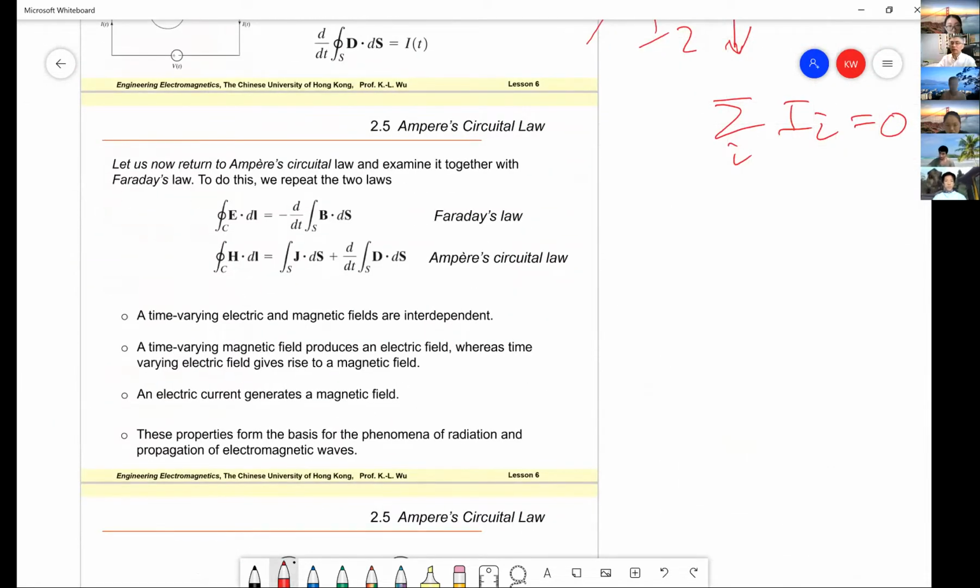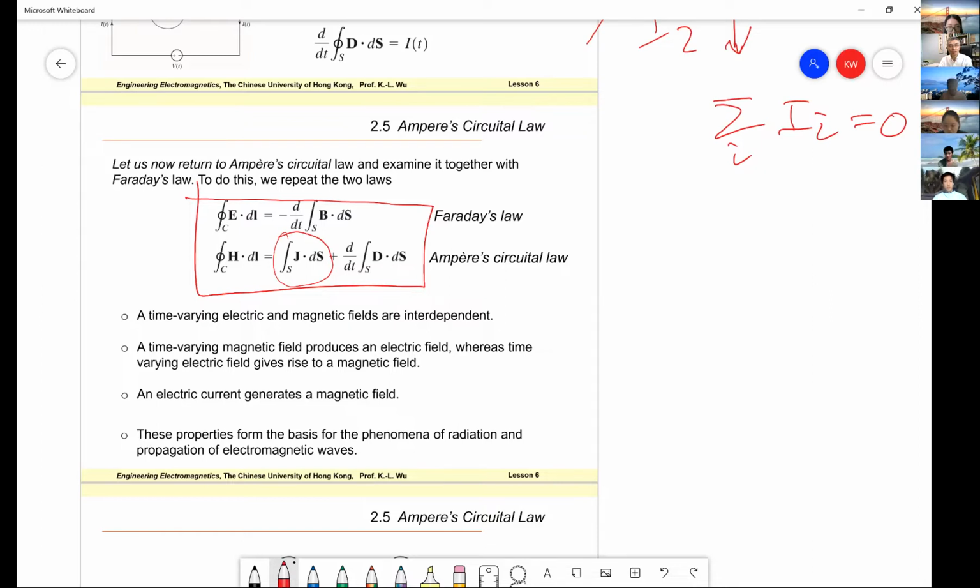Okay, then you look at the two laws we have discussed. One is Faraday's law, one is Ampere's law. These two equations. Do you see the symmetry? Oh, you may say that in Ampere's law we have something more than in Faraday's law, right?